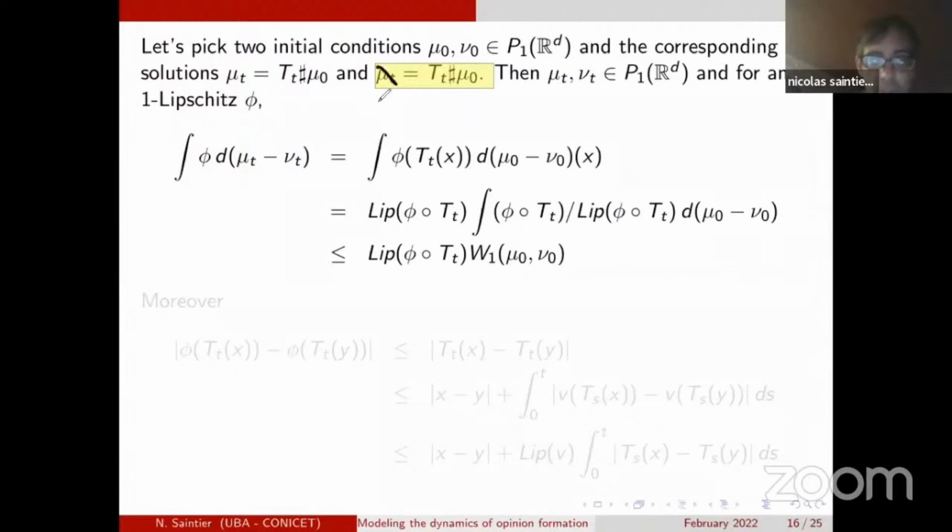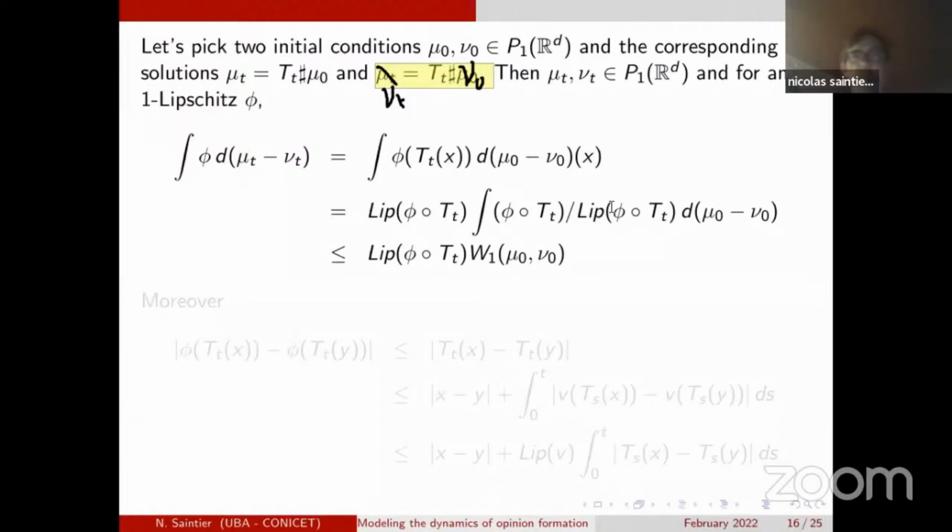So this should be nu t, and this should be nu naught here. Sorry for that, I will correct it later. So I have these two initial conditions, mu naught and nu naught, and the two unique solutions of my equation, mu t and nu t, and I want to compare the distance between mu t and nu t.